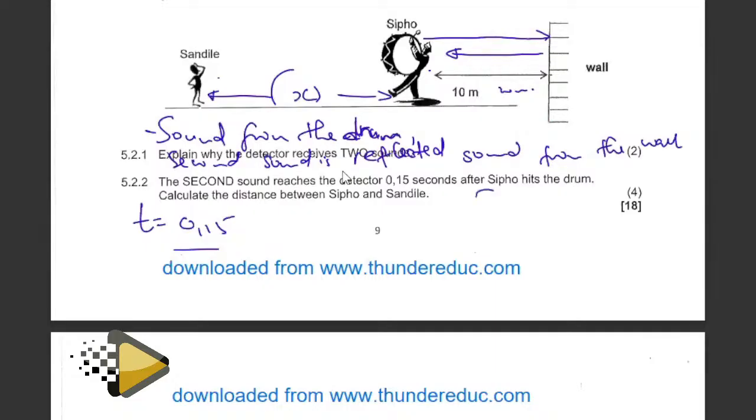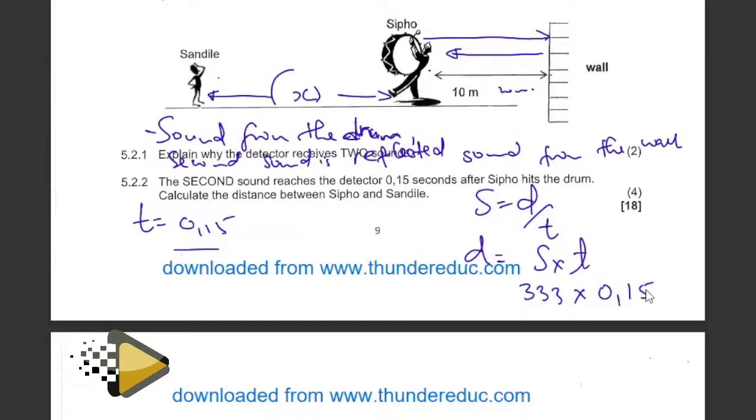Let's see. Speed is equal to distance over time. Okay. So if I look at the distance that was traveled, it will be the speed times the time. The speed of sound, they told me, is 343. The time it took was 0.15.